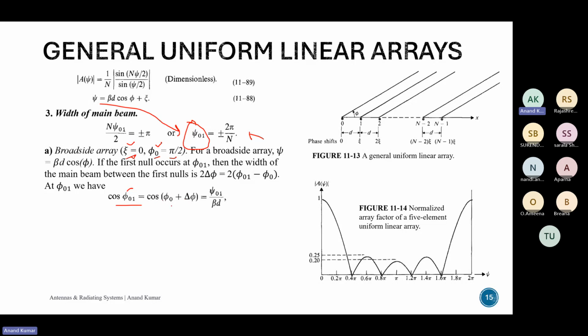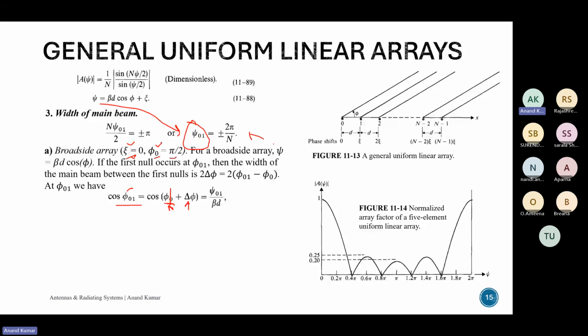This is the location of the first null, and theta is essentially the location of the main beam. Let me just rewrite this. For example, this is broadside.